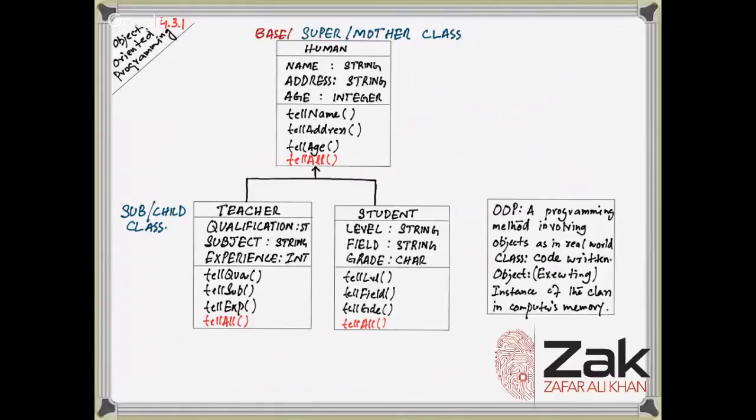The concept is that we write a program like this, and then we write other programs based on this. The written code is called a class. Every class has an identifier so that we can refer to it, like this Human. Every class has data.